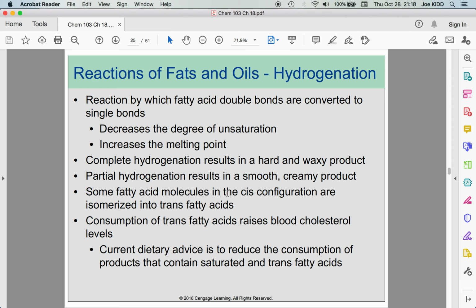Some fatty acid molecules can be reconfigured to go from cis to trans. This is another way in which we would increase the melting point of the fatty acid. A cis double bond would create a kink. A trans double bond, though, even though there's a double bond there and it's unsaturated, will have the tail maintain most of its linearity, which again will allow it to stack on top of itself.